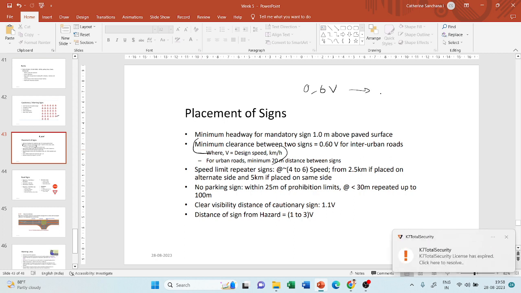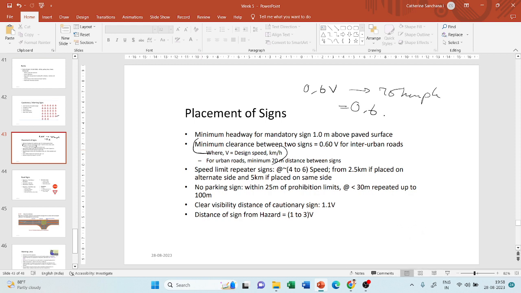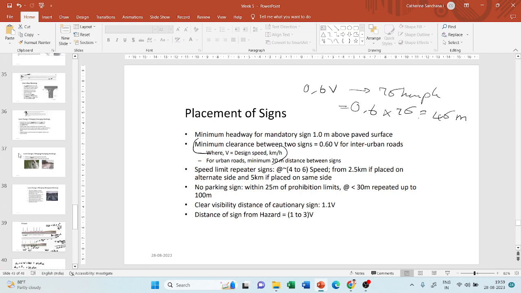Our V is 75 kmph, so the solution is 0.6 times 75, which is equal to 45. So the distance between two signs is 45 meters.